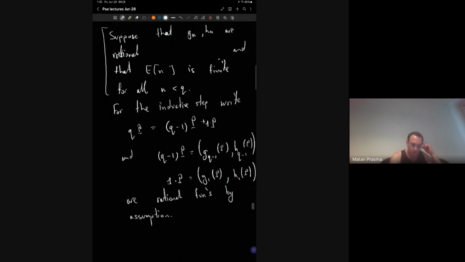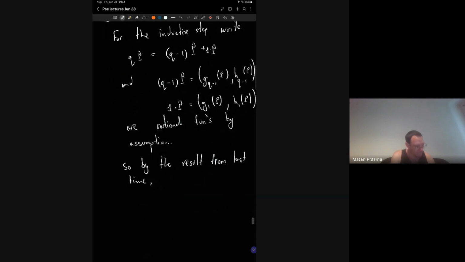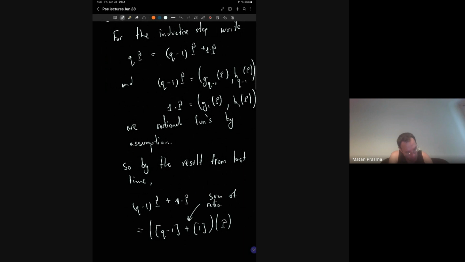So what we have here, qP, by the theorem of last time, I can write (q-1)P plus 1 times P as, let me put it like this, [q-1] plus [1], and all these evaluated at P. This is the sum of rational functions, or rational maps.